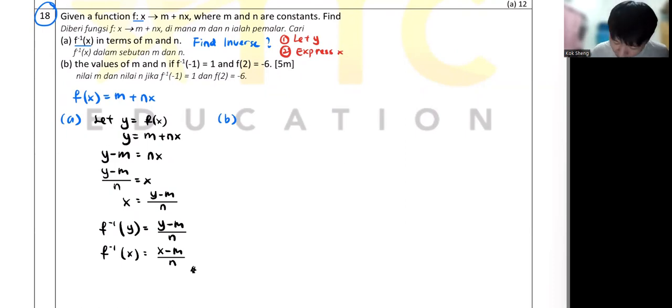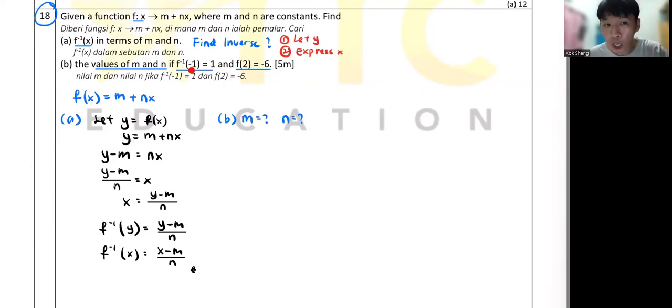Let's go. Find the values of m and n if f negative 1 of negative 1 is 1, and f(2) equals negative 6. Wow. Okay, so need to find m and n. You can see here bracket negative 1, bracket 2, right?